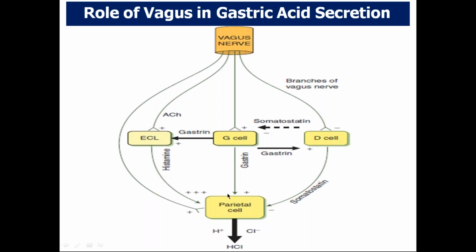Then it acts on G cell to cause release of gastrin, which stimulates HCl secretion. It is also inhibiting the D cell, which causes the secretion of somatostatin, right? So the vagus is inhibiting the secretion of D cell. The secretion of D cell would be increased by gastrin itself, or also by the acidity of the lumen.